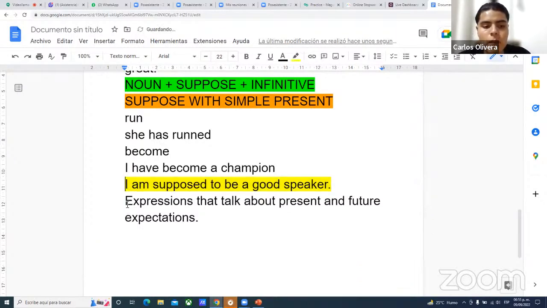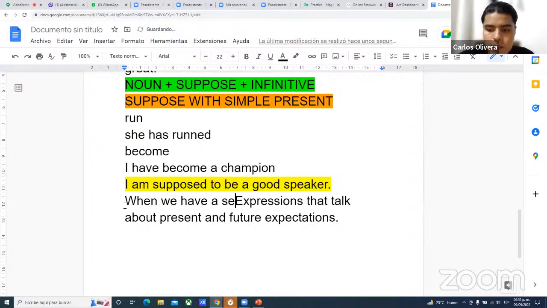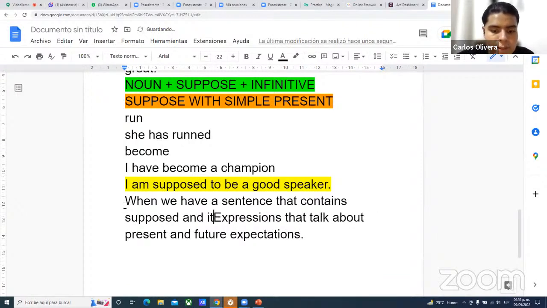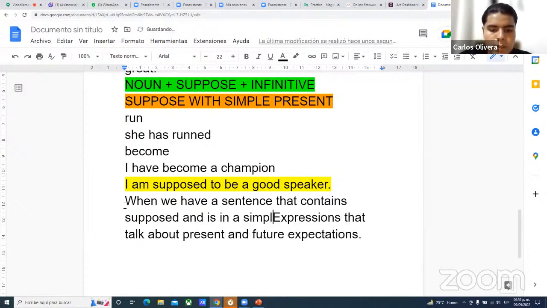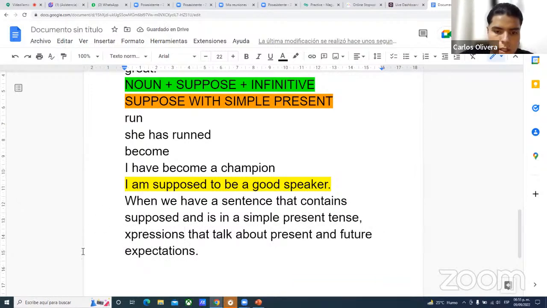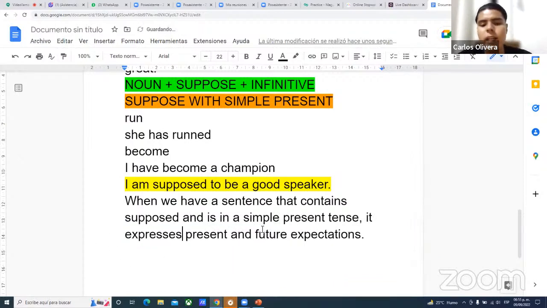That when you see, as I say, expressions that talked about present and future expectations, when we have a sentence that contains supposed and it's in simple present tense, it expresses present and future expectations.